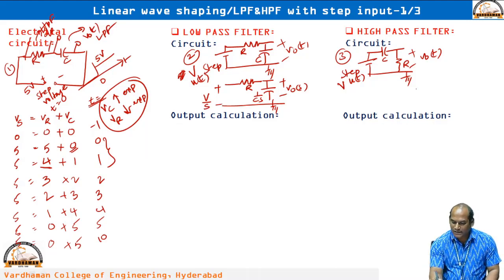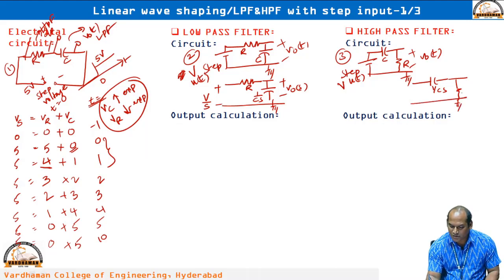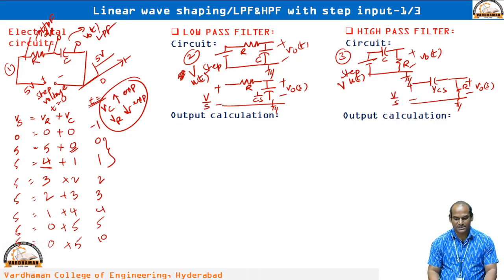Next, coming to this particular circuit, high pass filter, the impedance offered by the capacitor in the S domain is 1 by Cs, and the resistor is R, it is grounded, across the resistor R only we are taking the output, that is V0(s), and input is V by s, similar to the previous case.